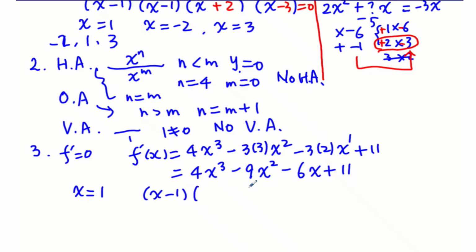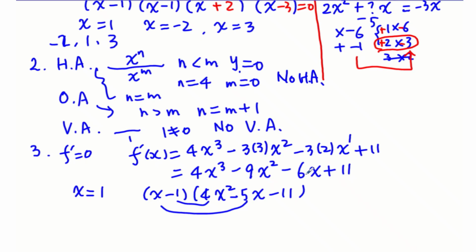Then we do the first term divided by first term again, last term divided by last term. So it will be minus 11. Then for the middle, just find what adds together to give you negative 9x squared. Minus 4x squared plus minus 5x will give you minus 9x squared.